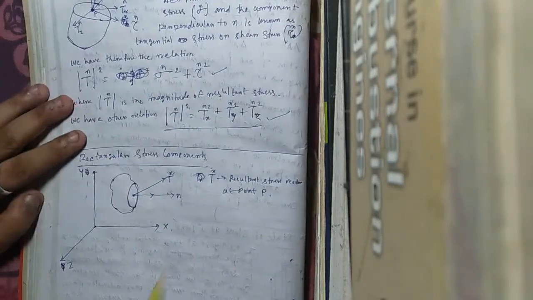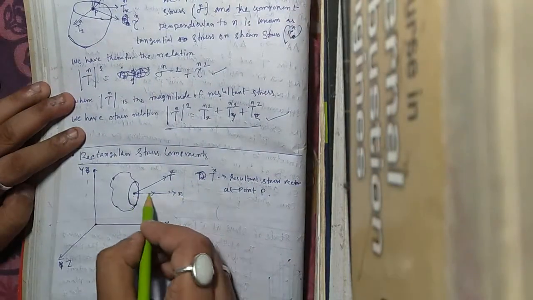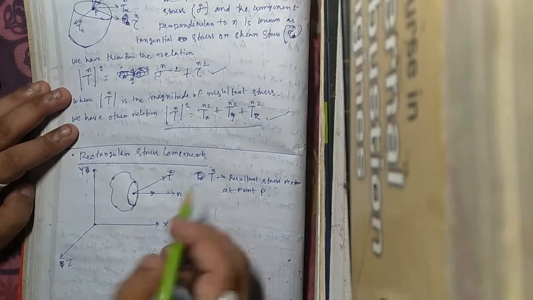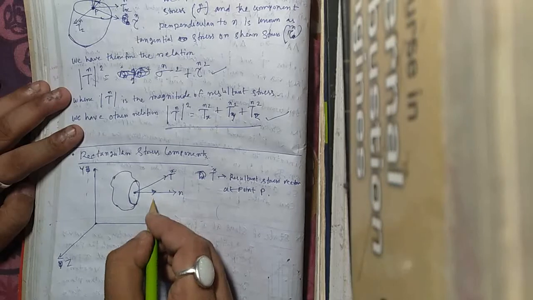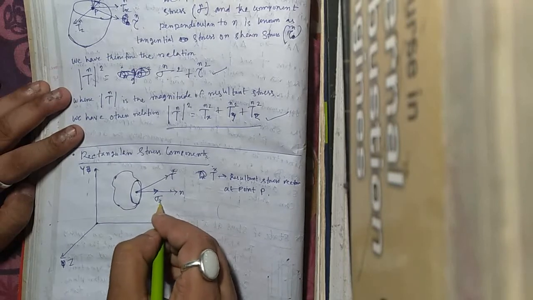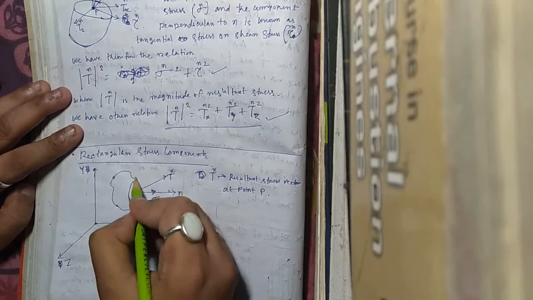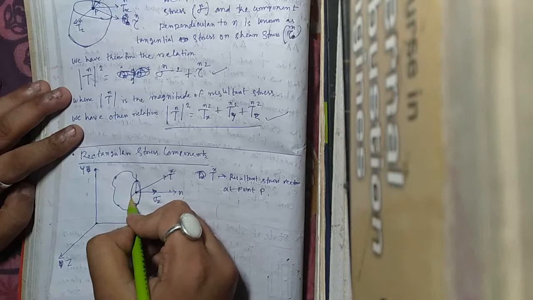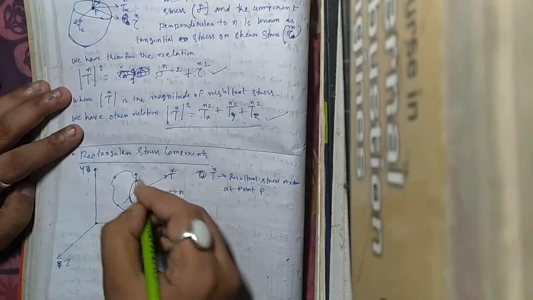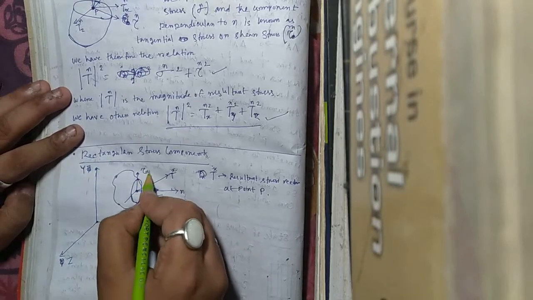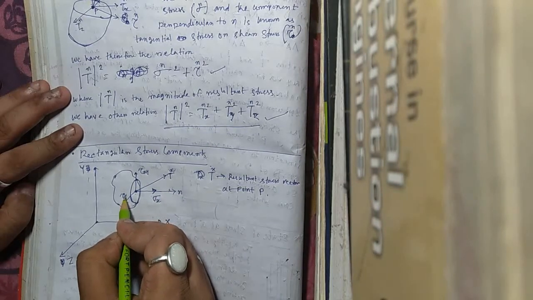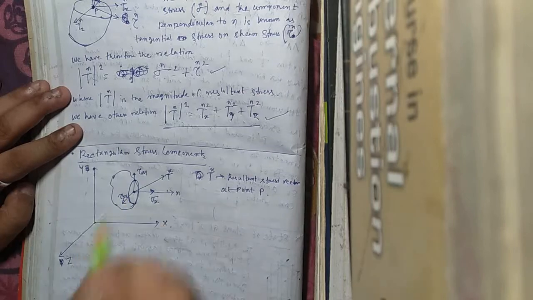So here, the stress component along the direction of n is denoted as sigma x, and since these are three mutually perpendicular planes, we can draw tau xy and tau xz.